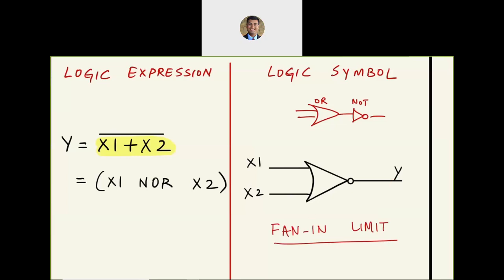So note that there will be some limitation. We cannot have an infinite number of inputs, or connect this output to many things, because we will be playing very dangerously with those logic levels, the range of voltages that signify the logic levels. But two or even four inputs are perfectly fine for the cases that we are going to see.